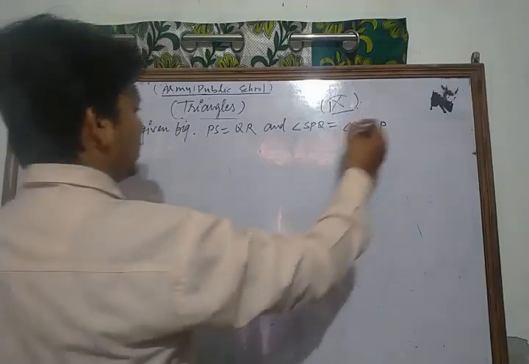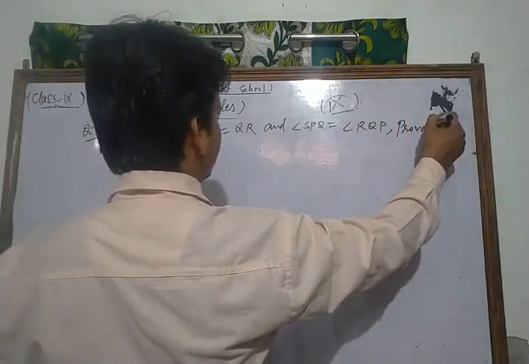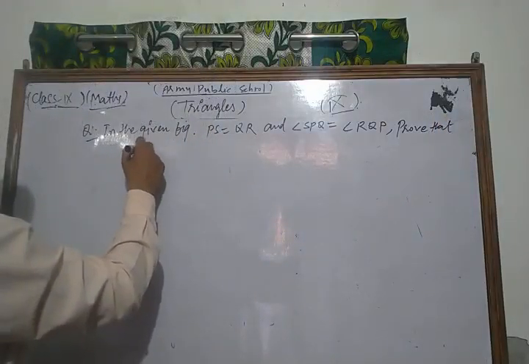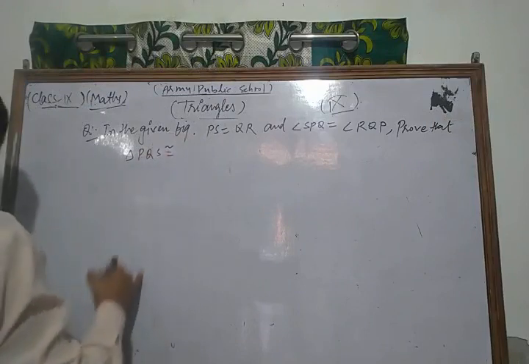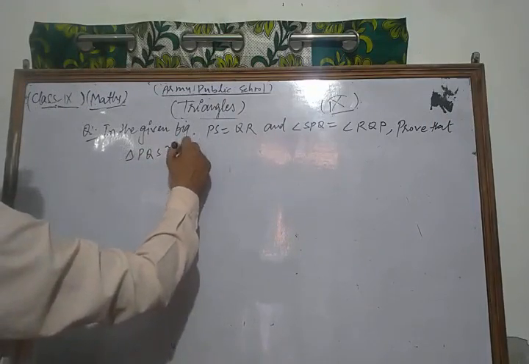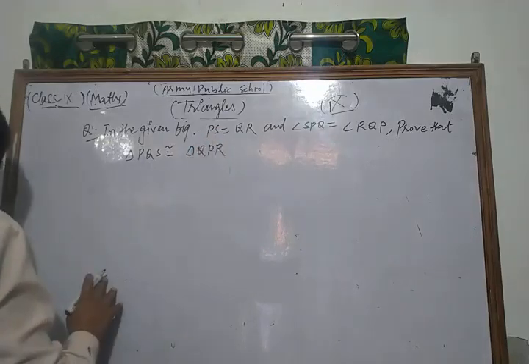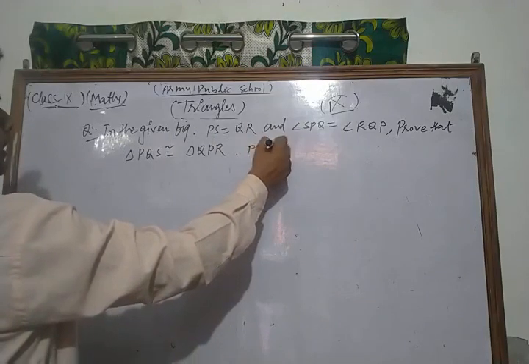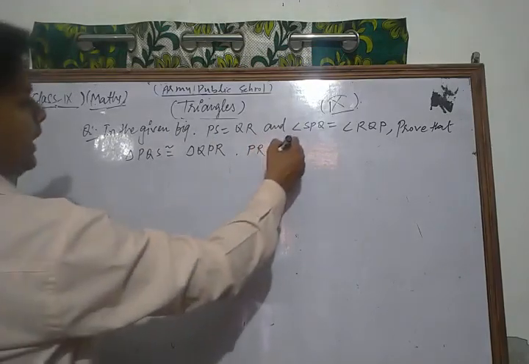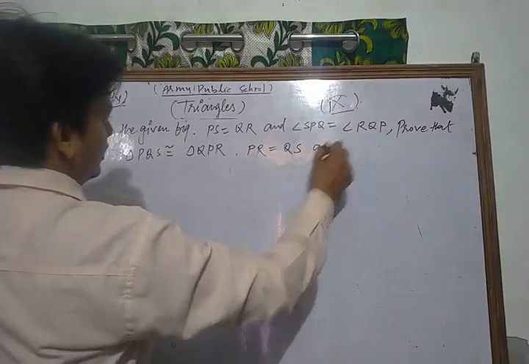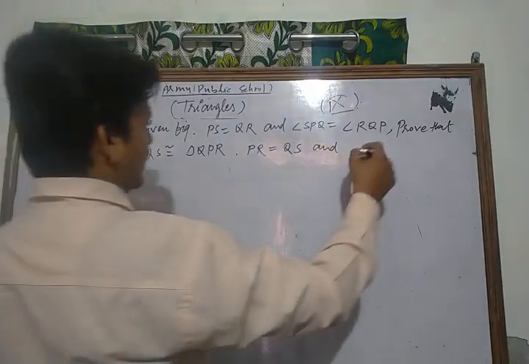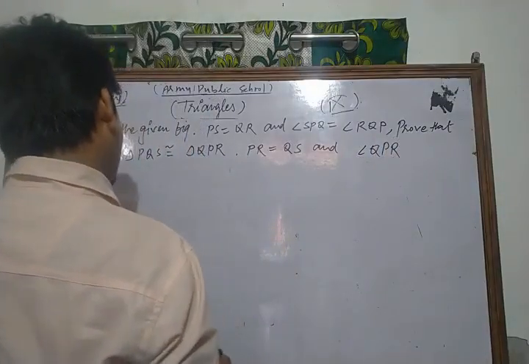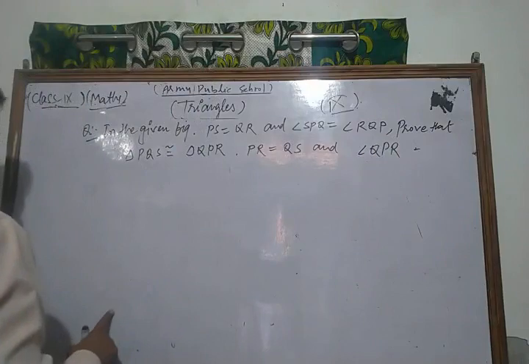Prove that triangle PQS is congruent to triangle QPR, PR is equal to QS, and angle QPR is equal to angle PQS.